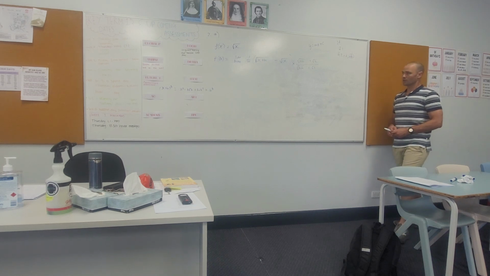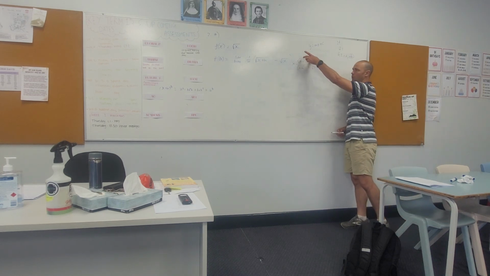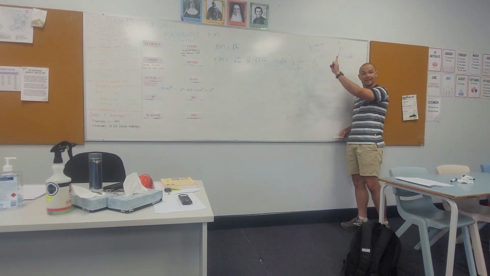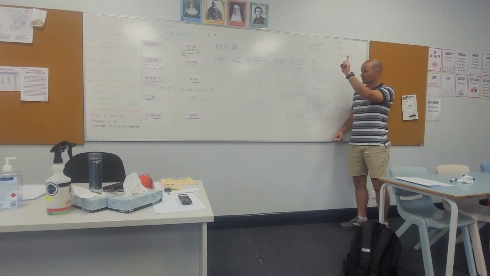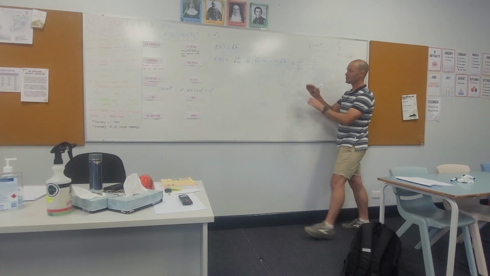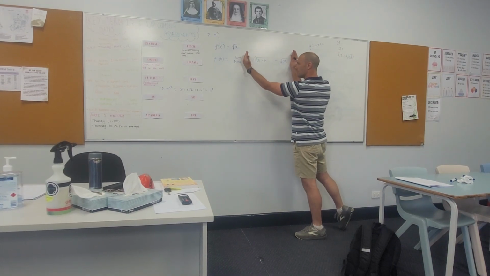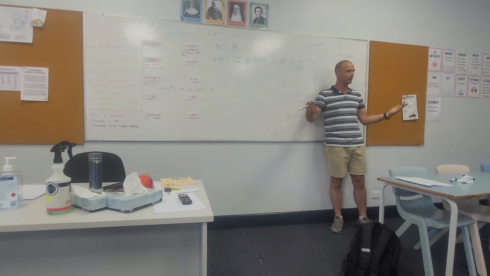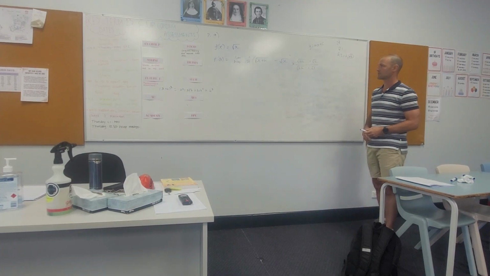So firstly, can anyone tell me what is the square root of x plus h plus root x divided by the square root of x plus h plus root x? 1. It is 1. And that's why this is a legitimate operation, because we're not changing the value of this, we're just multiplying it by 1. We've still got one lot of it. Perfectly acceptable thing for us to do.